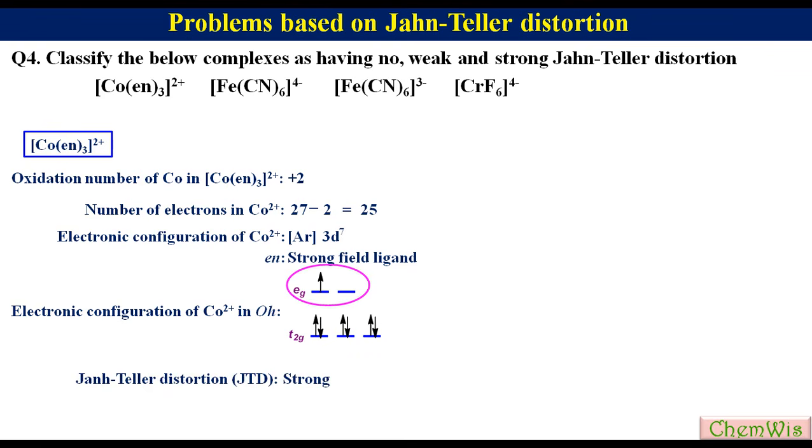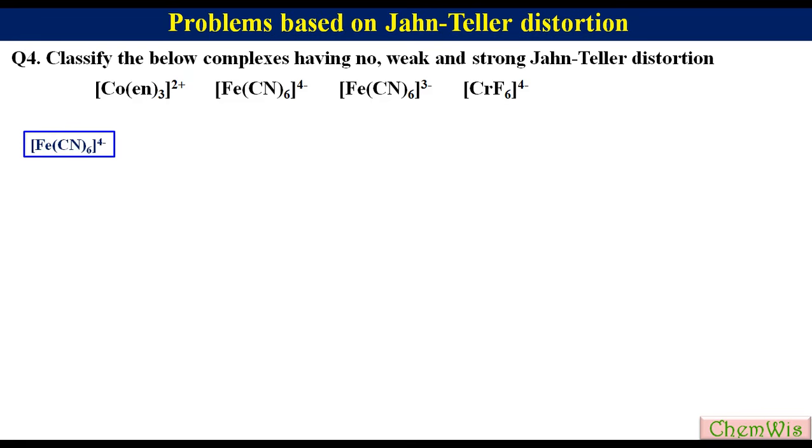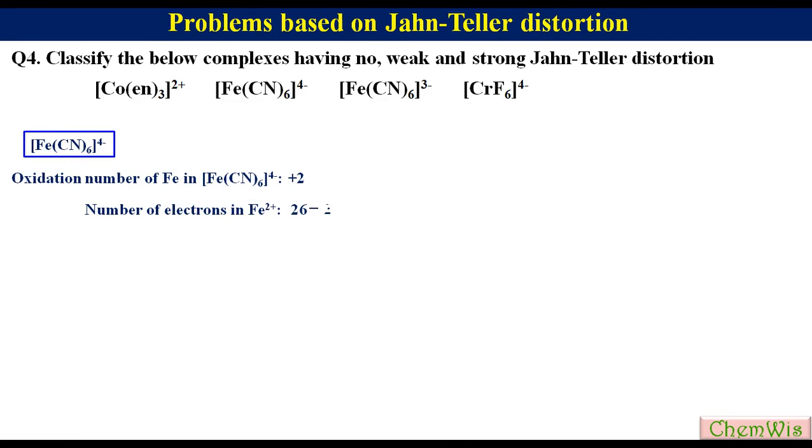[Fe(CN)6]4-. The oxidation number of Fe in this complex is +2. So the number of electrons in Fe2+ will be 26 minus 2, equal to 24, since Fe metal has 26 electrons and Fe2+ is formed by the removal of 2 electrons.